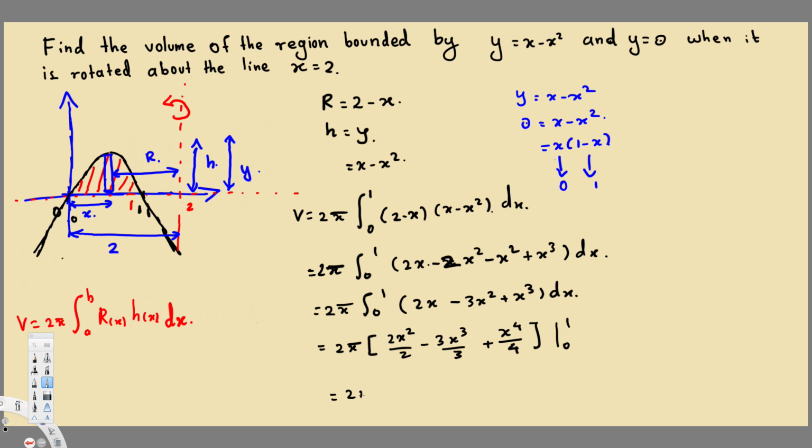The 2 cancels, so this is 1, minus 1 since the 3 cancels, plus x to the fourth, which is 1 over 4. Plugging in 0 gives 0. 1 minus 1 is 0, so we only have 1 over 4 times 2 pi, which is 2 pi times 1 over 4, equal to pi over 2. That's the volume of this shaded region, and that's how we do these kinds of problems.